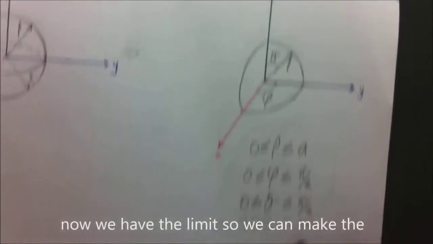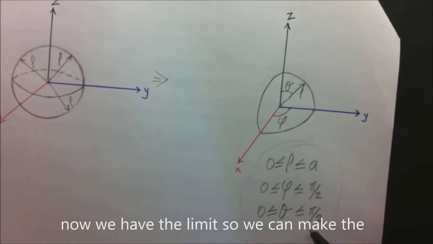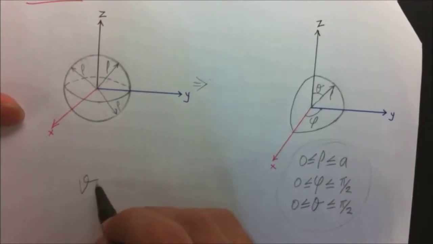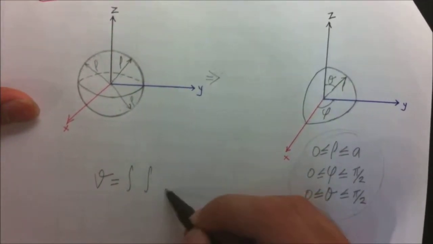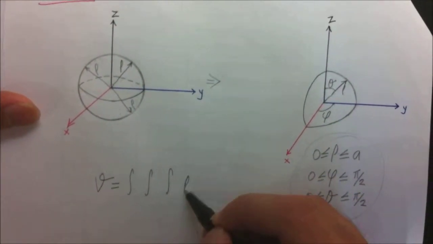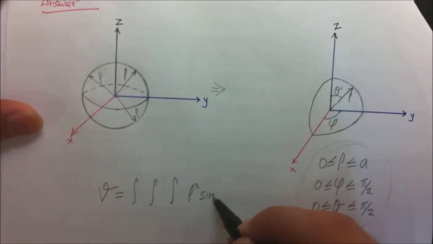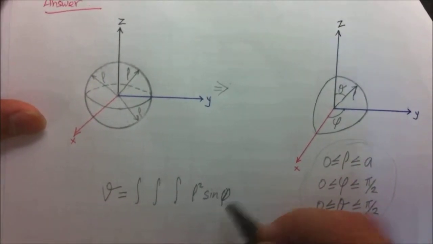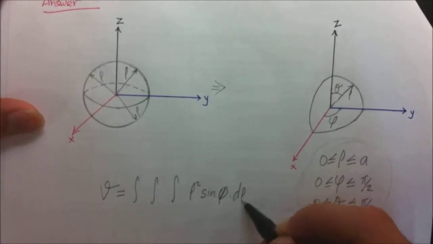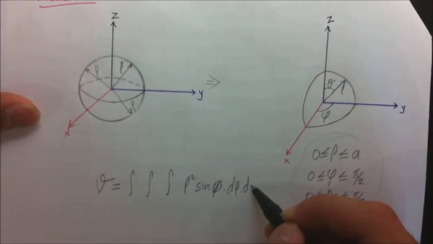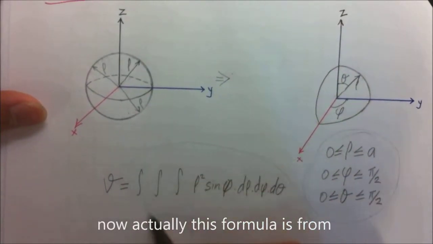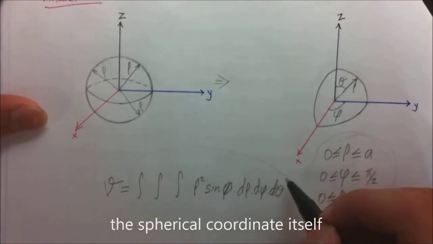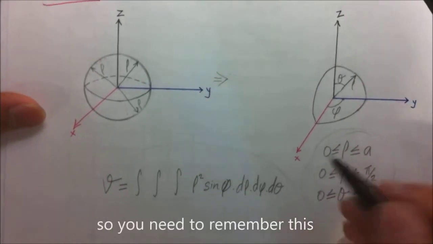Now we have the limits, then we can make the integration. Here's rho squared sin phi d rho d phi d theta. Now this formula is from the spherical coordinate itself, so you need to remember this.